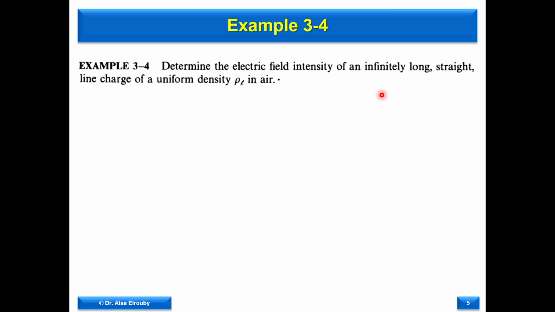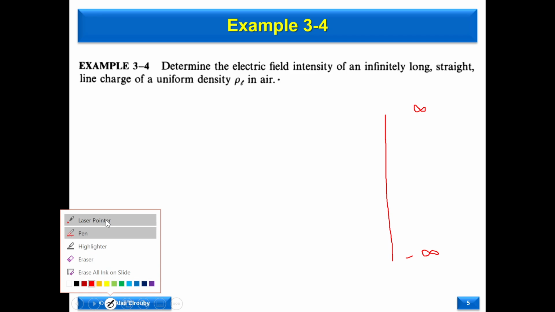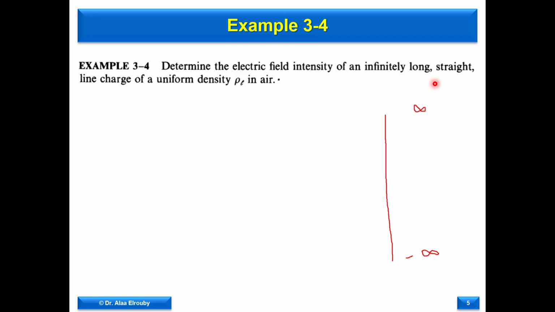So we have a line that is extending to infinity and minus infinity, and it has a uniform charge distribution of rho_L, and we want to find the electric field intensity caused by this charge distribution.